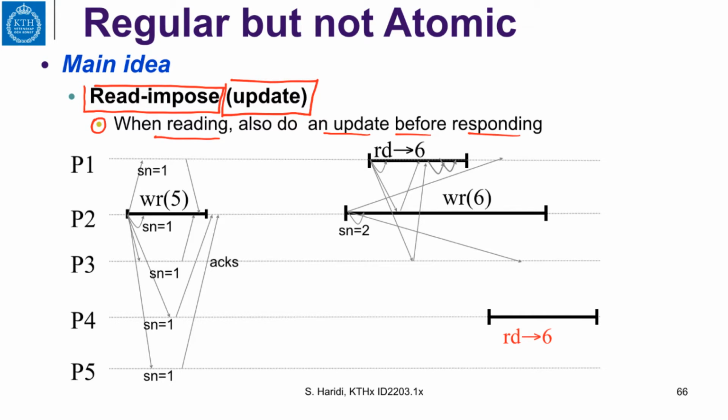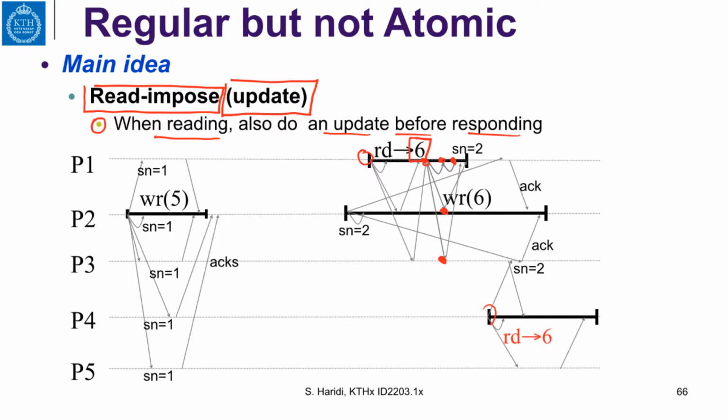We are interested in this process. After it gets the responses, it returns the value 6. But what it does after that, as you will see very soon, is start an update phase.